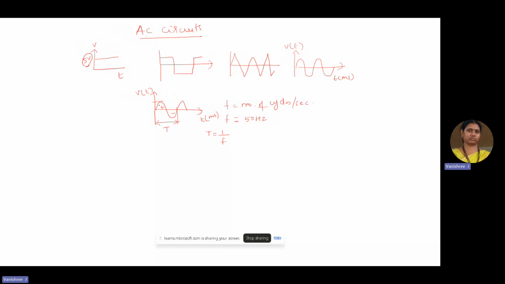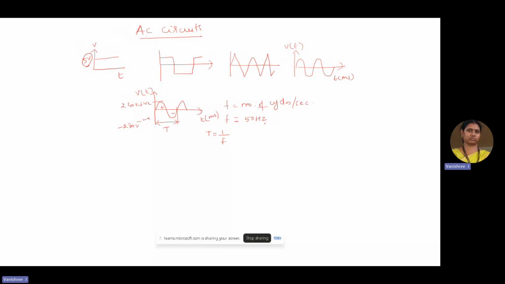So it has a positive peak and a negative peak. If it is of 230 volt, then positive voltage is plus 230 volt and negative voltage is minus 230 volt. And we use the RMS values in the calculations.